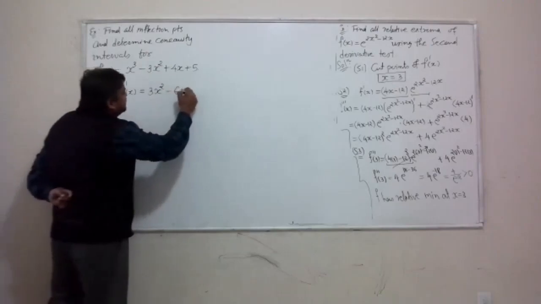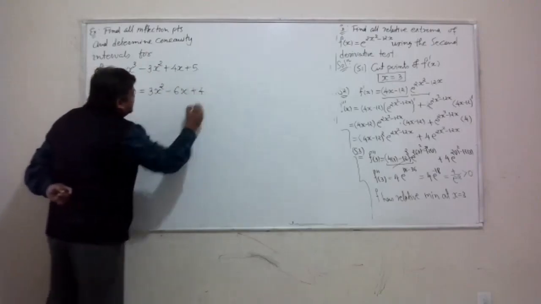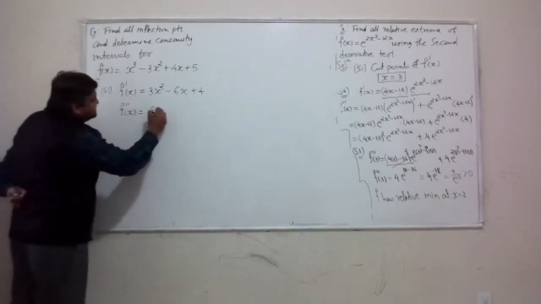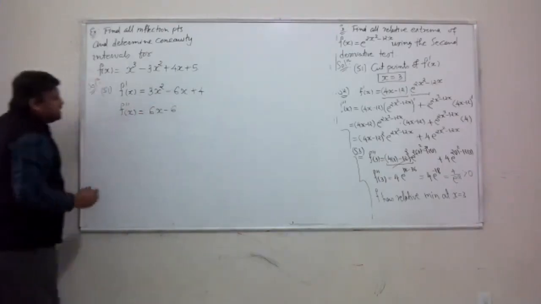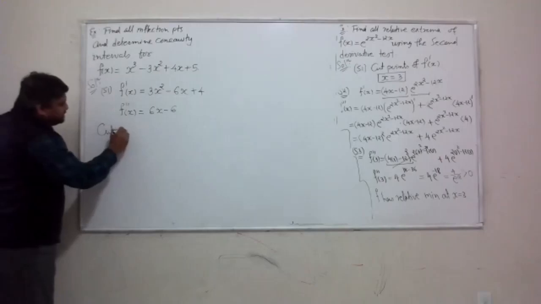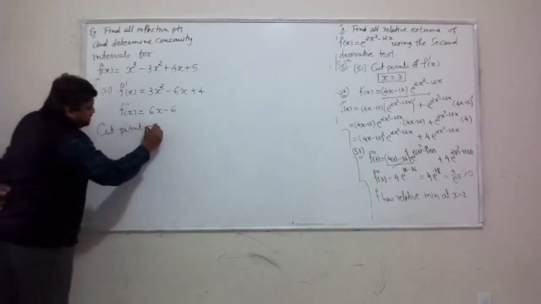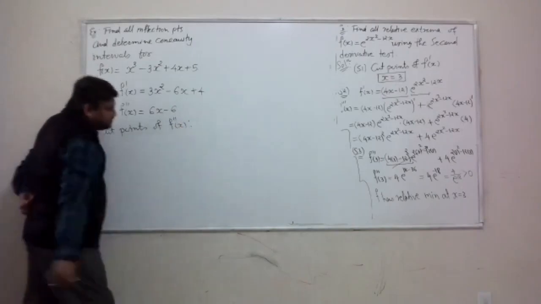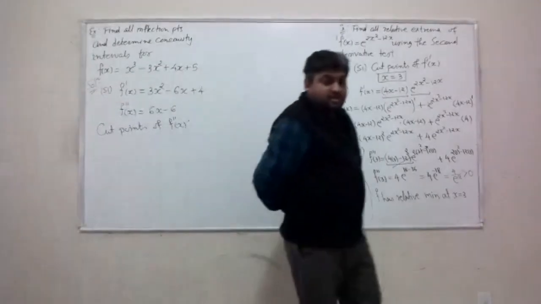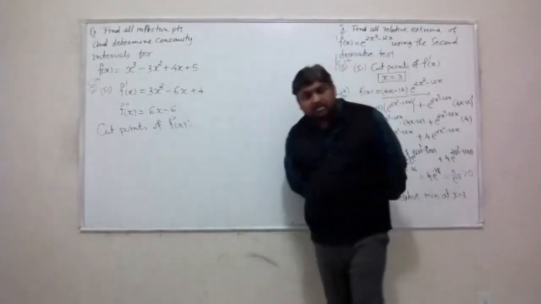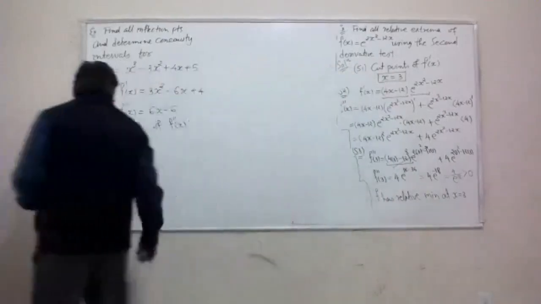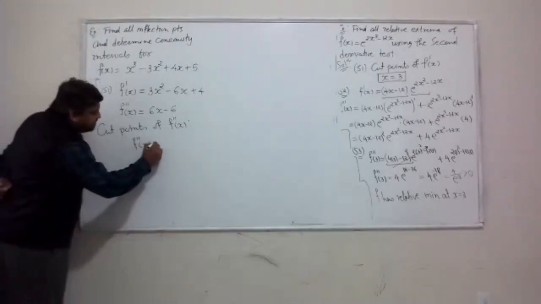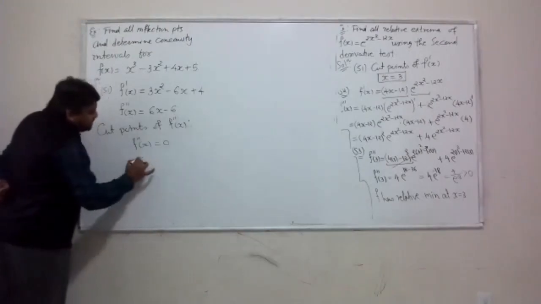3x squared minus 6x plus 4 is the first order derivative. The second order derivative is going to be 6x minus 6. For cut points of the second derivative, you need to set the top and bottom of f double prime x equal to 0. There's nothing in the denominator, right? The only way to get the cut points of the second derivative is by setting f double prime x equal to 0.